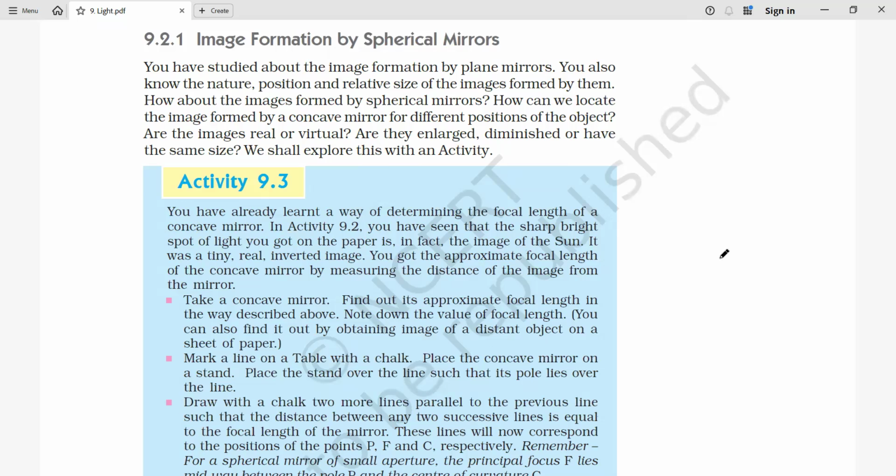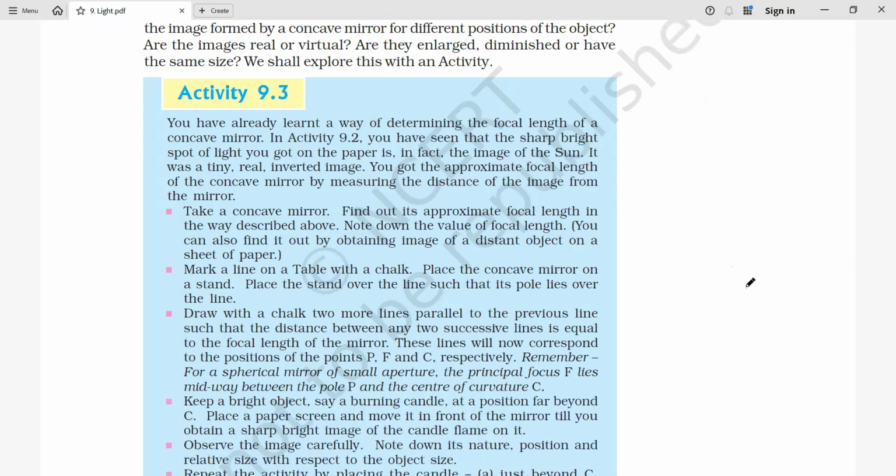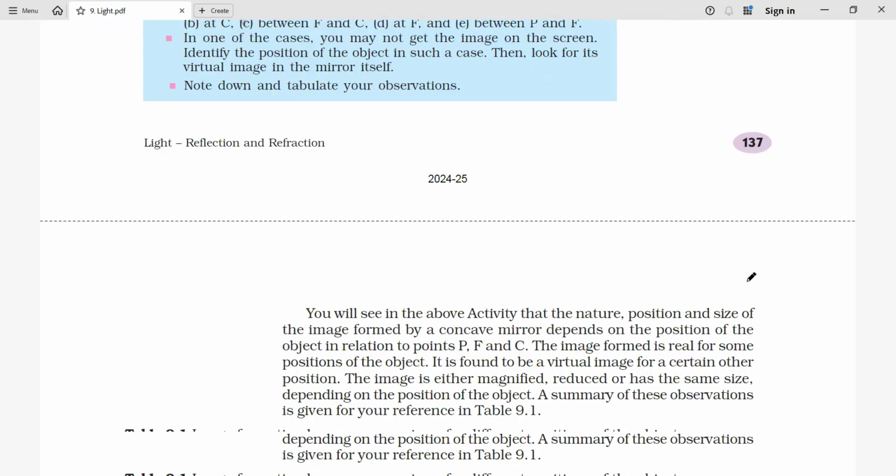Those points, pole, focus, radius of curvature, center of curvature, all these are going to help us understand image formation by the spherical mirror. अब इमेज बनेगा, कैसा बनेगा? रियल बनेगा, वर्चुअल बनेगा, कहाँ पर बनेगा, व्हाट विल बी द पोजीशन, और इमेज का साइज क्या होगा? छोटा, बड़ा, डिमिनिश्ड, इक्वल इन साइज या लार्ज इन साइज. All these discussions are here in the case of image formation.